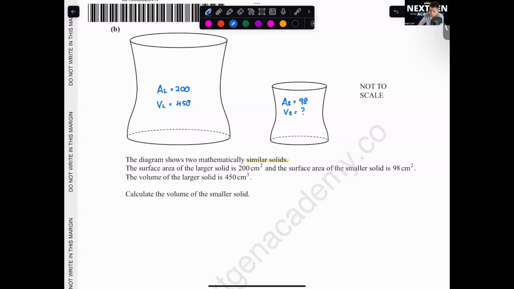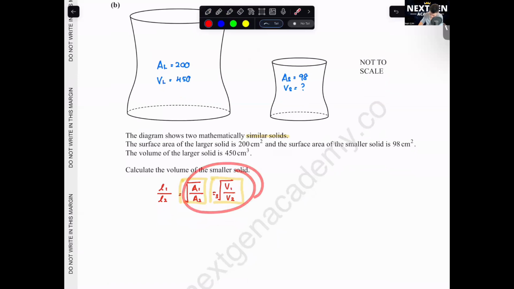Okay, when we see this similarity question, the formula that I want you all to memorize is using this L1 over L2, A1 over A2, V1 over V2. This formula always works. Then you cube root this. Okay, now we are comparing these two, area and volume. So we just need to fit into this formula.